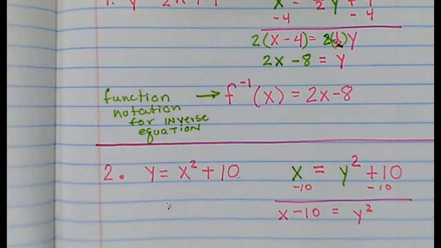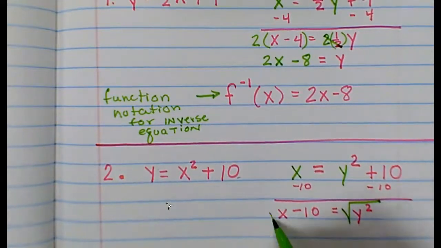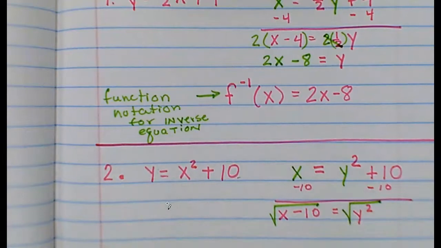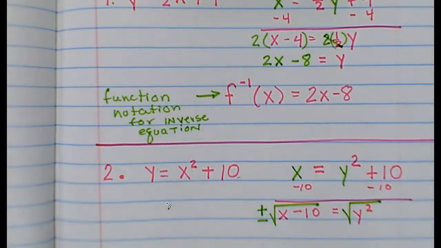How do we cancel out a square? What's the opposite of a square? And when we take a square root to solve an equation, it's always plus or minus.